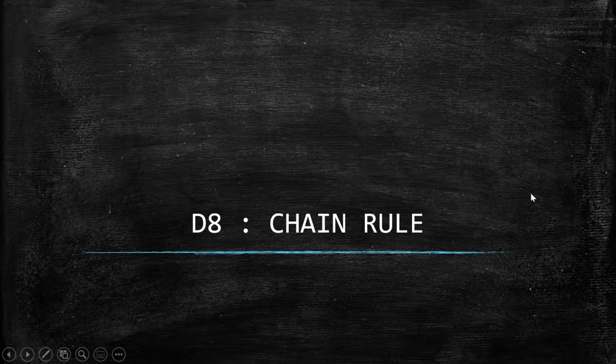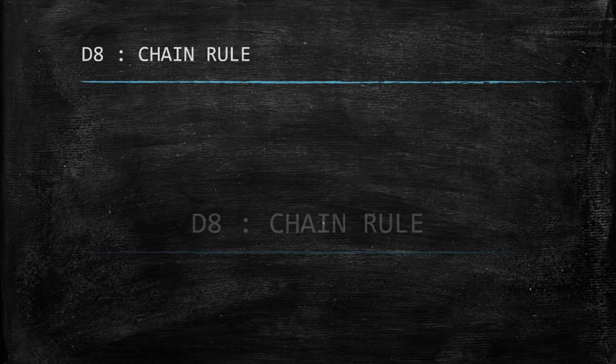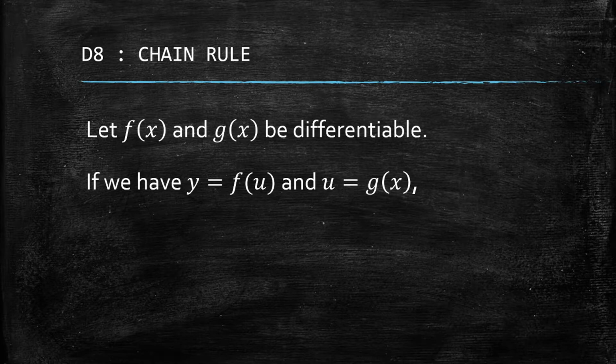We are now in the last of the basic differentiation rules. We have now the chain rule. So let's start. What is the chain rule? The chain rule is related to composite functions. The idea here is we use composite functions to get the derivative of complicated differentiable functions.